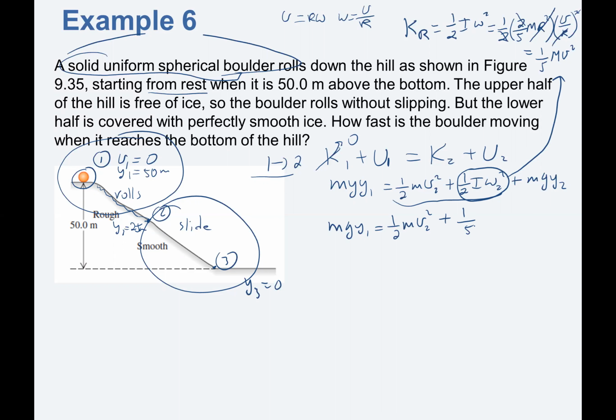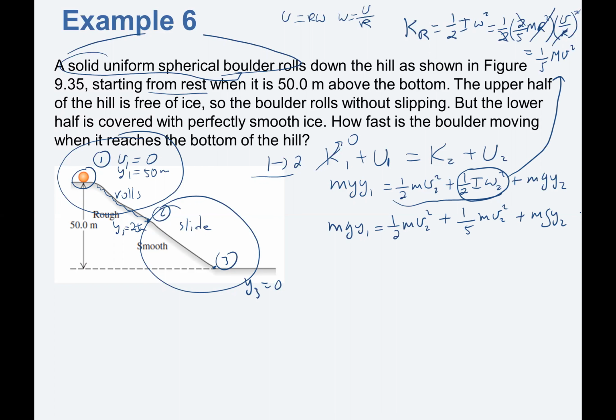So 1/5 mv squared. So basically I end up with that: 1/5 mv squared, then plus mgy2.